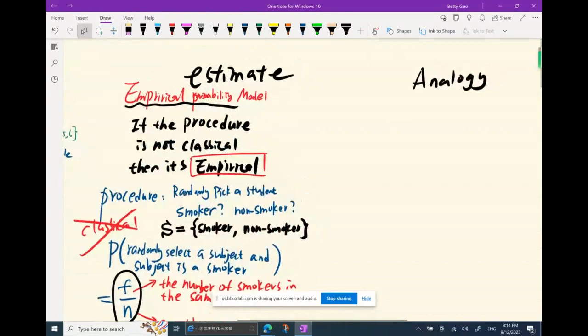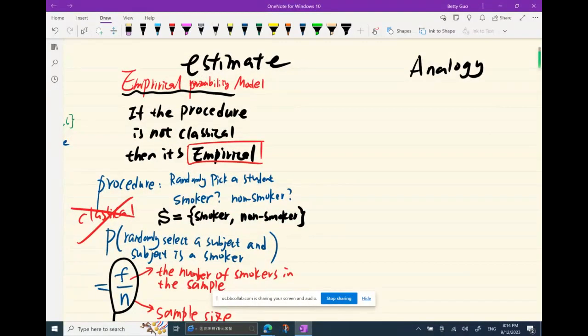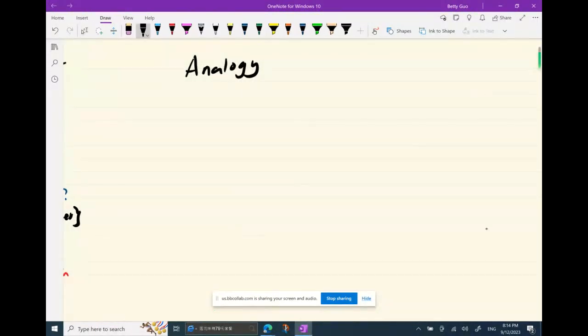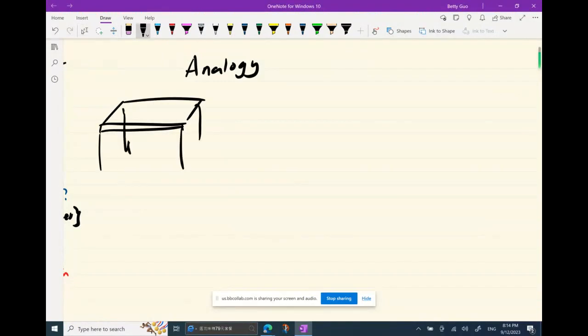We can only estimate. Let me give you an analogy. Let's say we have a table here. This is my table. The length of the table is an objective existence, right? There's a value there.